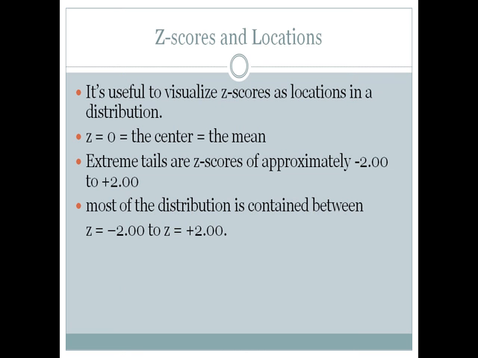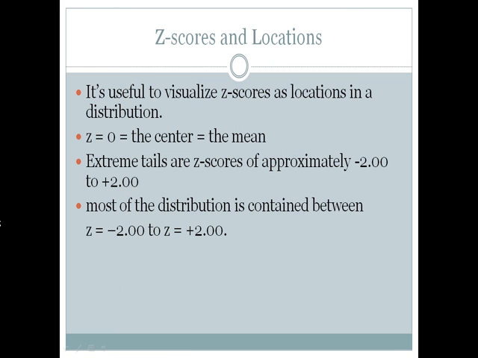So in addition to knowing the basic definition of a z-score and the formula for z-scores, it is useful to be able to visualize z-scores as locations in a distribution. Remember that z equal to 0 is always the mean of a distribution, always at the exact center.